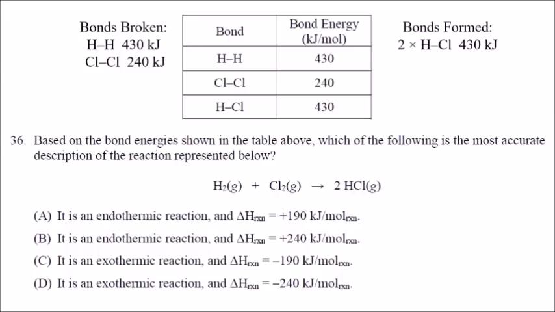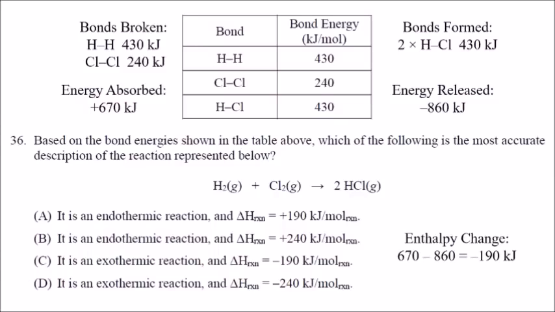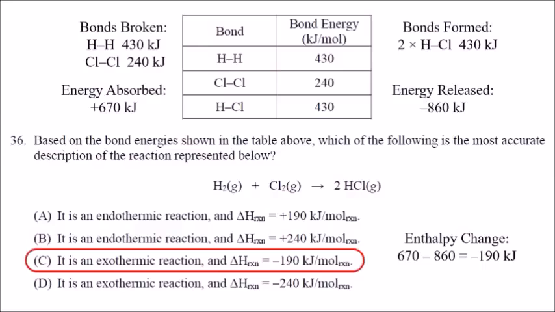Total energy absorbed when the bonds are broken is 430 plus 240, that's 670 kilojoules, that's positive. Total energy released would be negative 860. So we're going to do bonds broken minus bonds formed. 670 minus 860, that is negative 190, and the correct answer is C.